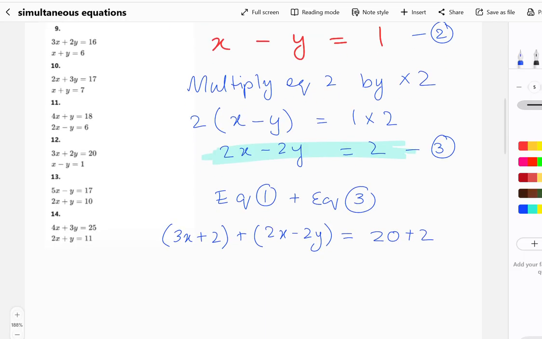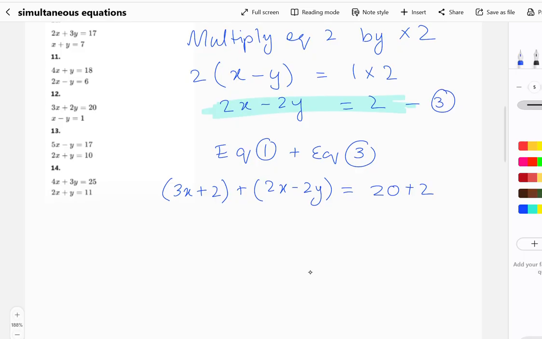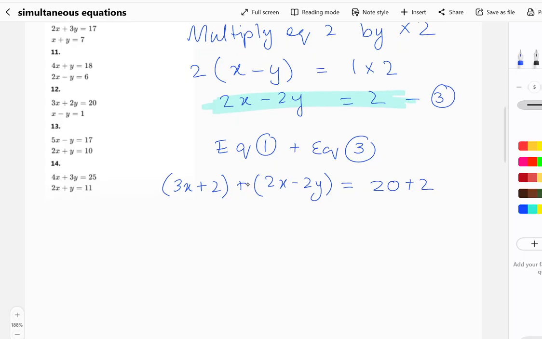Okay, now see, we're going to expand the brackets. There's just a plus sign in the middle, so you can just open them. There's nothing to worry about. And 20 plus 2 makes 22.